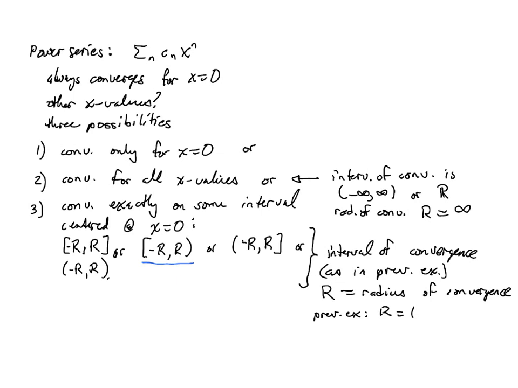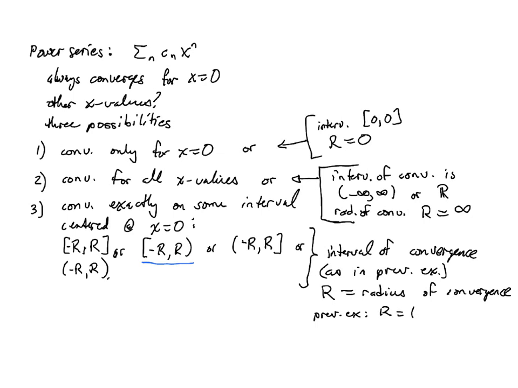Make sure to notice the difference between the two R's. One has got 2 vertical bars and the other one has just a regular one. In the top case, usually we don't talk about the interval of convergence, but you can say, if you'd like, the interval of convergence goes from 0 to 0, which is kind of weird. Mostly we talk about the radius of convergence in this case, which is 0.